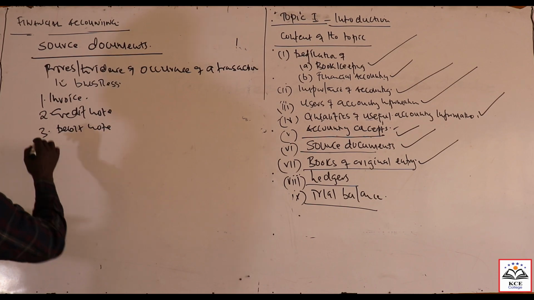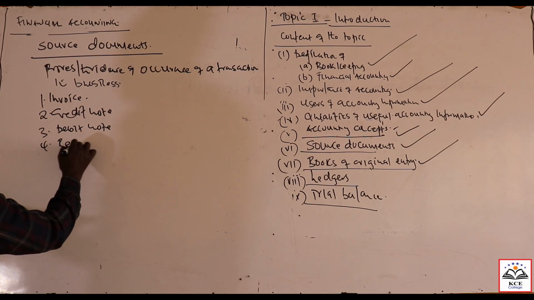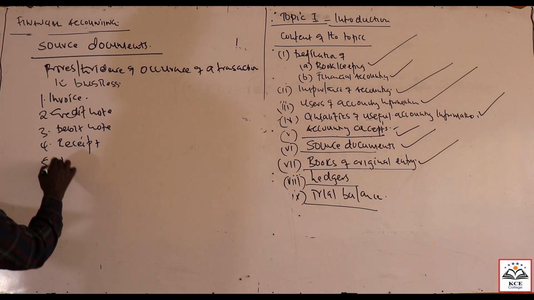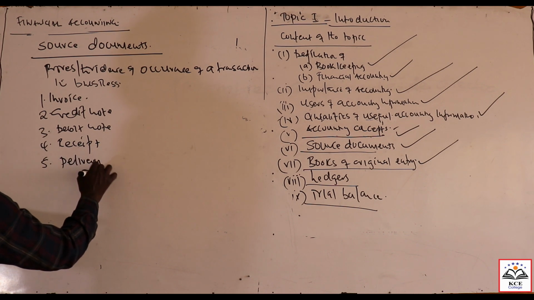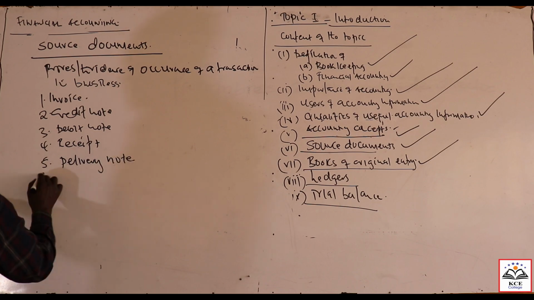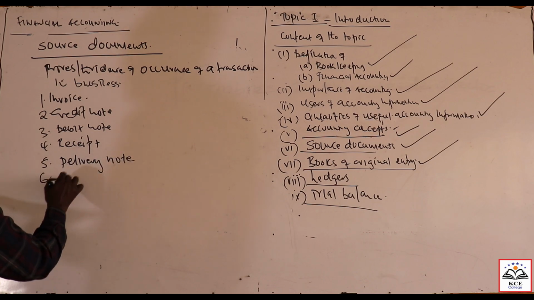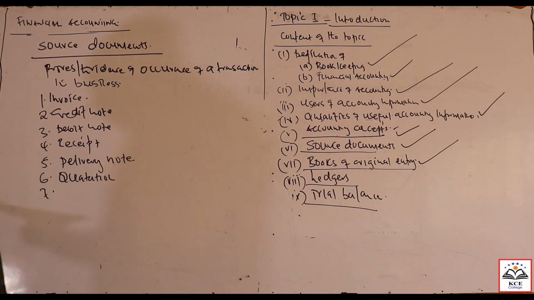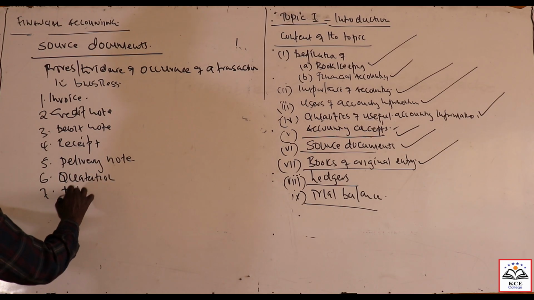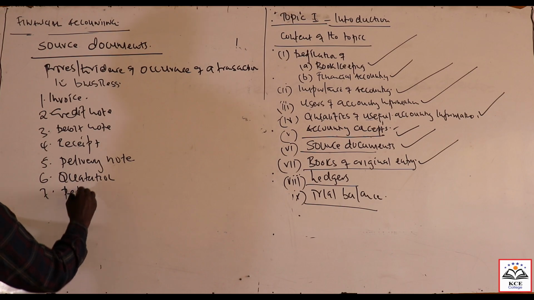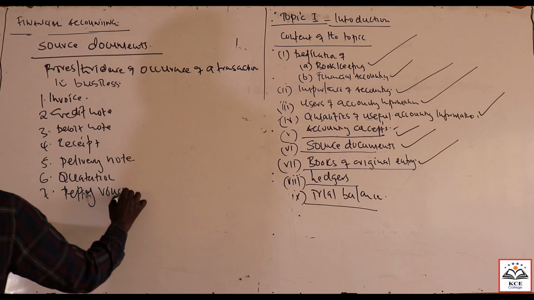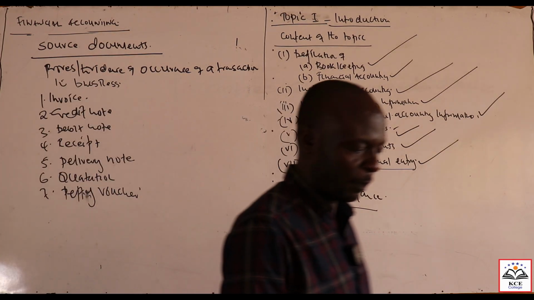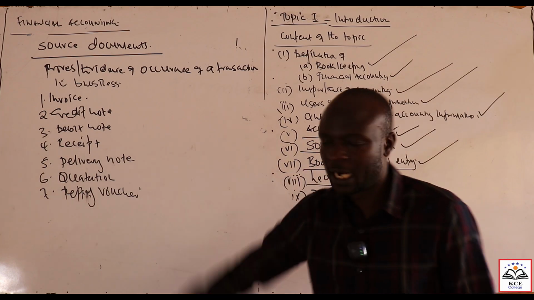Number four, a receipt. Number five, a delivery note. Number six, quotation. Number seven, petty voucher, and among others. So we have quite a number, but for the purposes today, we only learn about these ones.